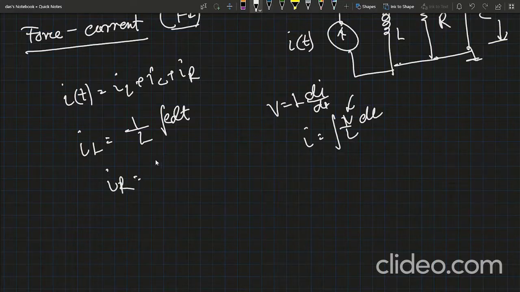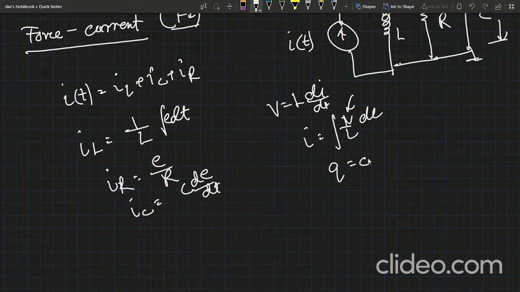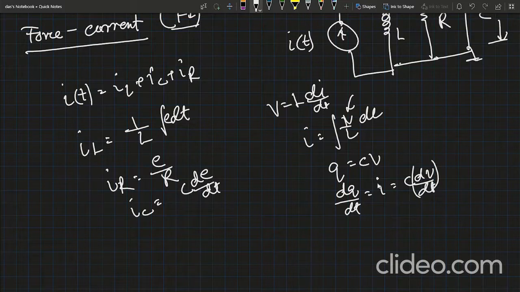What is the value of iR? iR equals e by resistance R. What is the value of iC? C dV/dt, because q equals CV, and taking the derivative, the current equals C dV/dt. Here the voltage is e.